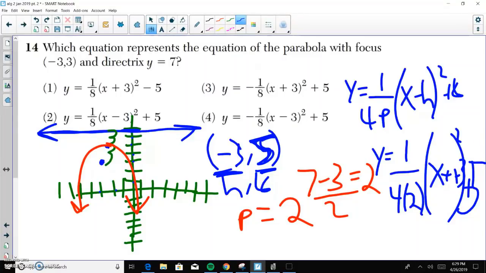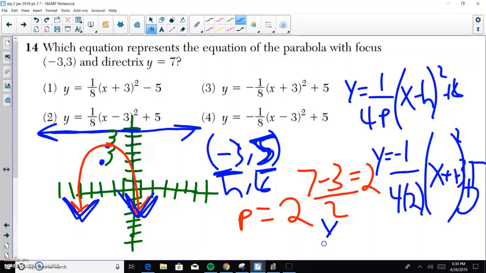So now it looks like we're done, but we forgot one thing. We have to add a negative sign in front of the 1 because it's a downward facing parabola. So because it's facing downward, there's going to be a negative.